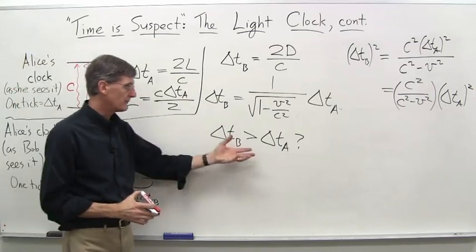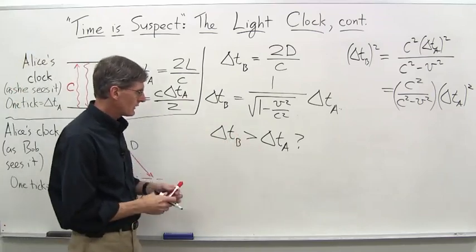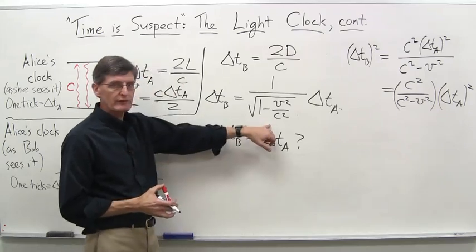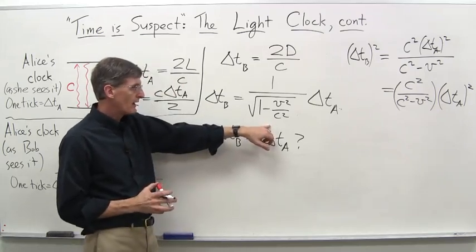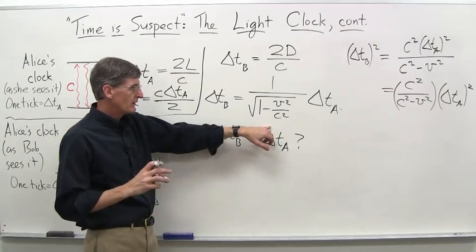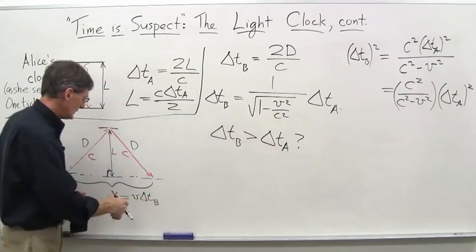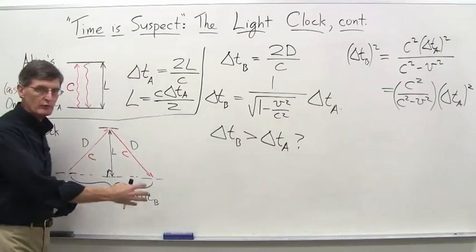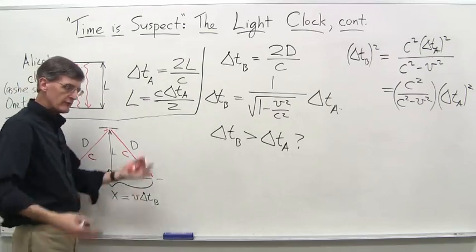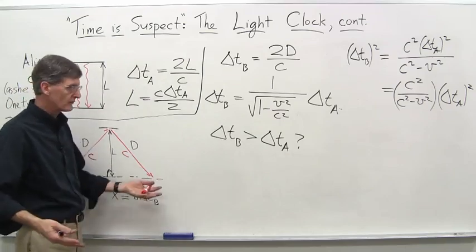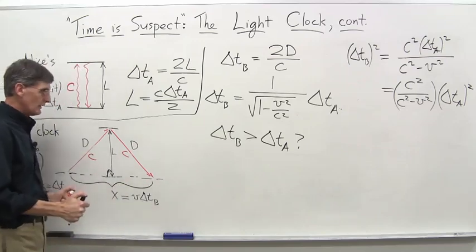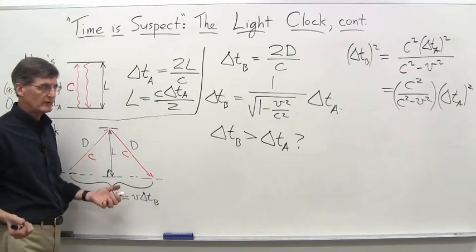So let's just think about this a minute. And let's also think about a couple extreme cases here. What happens if v is 0? If v is 0, that means Alice's clock isn't moving at all. It's just like Alice and Bob are side by side, sitting there, and they've got their clocks next to them, and they should be running the same if they're identical clocks.